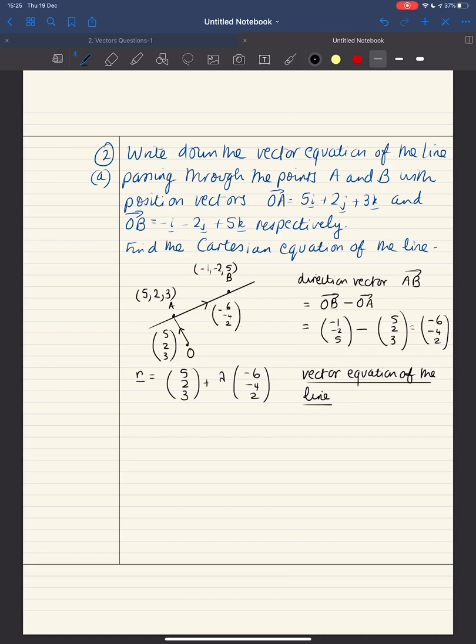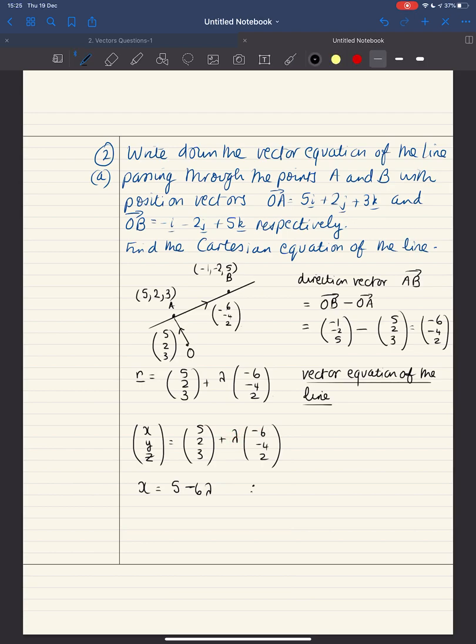So what you can say is r is x, y, z. So this is going to be 5, 2, 3, plus lambda times minus 6, minus 4, 2. So we can say x is 5 minus 6 lambda. That's picking up these top bits here.